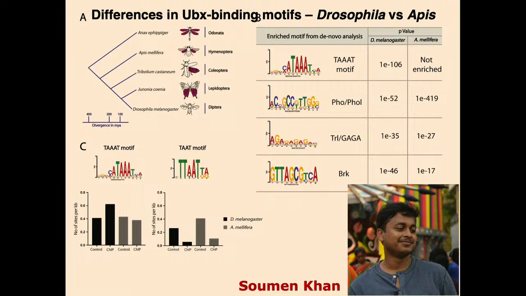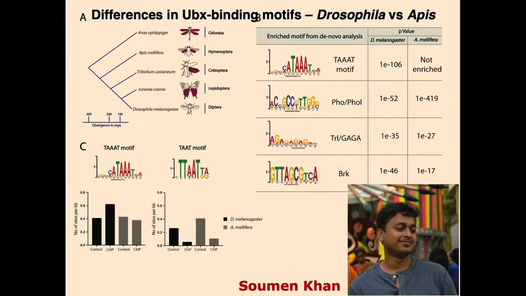If you look at the core of where UBX binds in the DNA, in Drosophila it is TTAAT, and in Apis it is TAAT. This is a 5-mer and this is a 4-mer, so there is a one nucleotide difference.